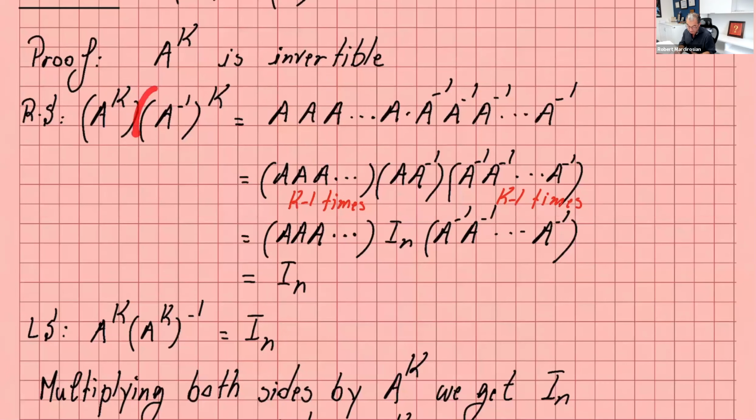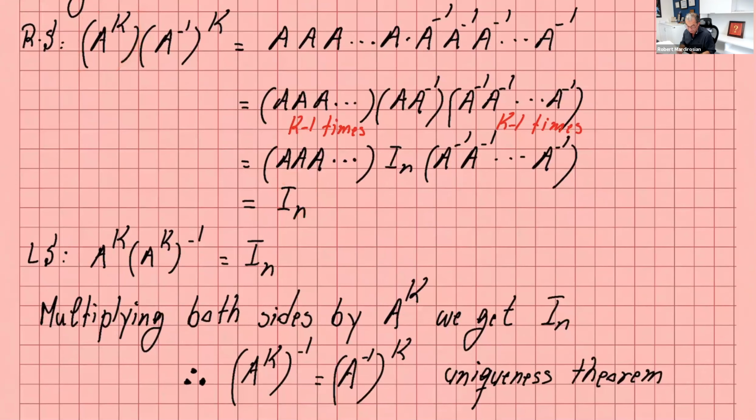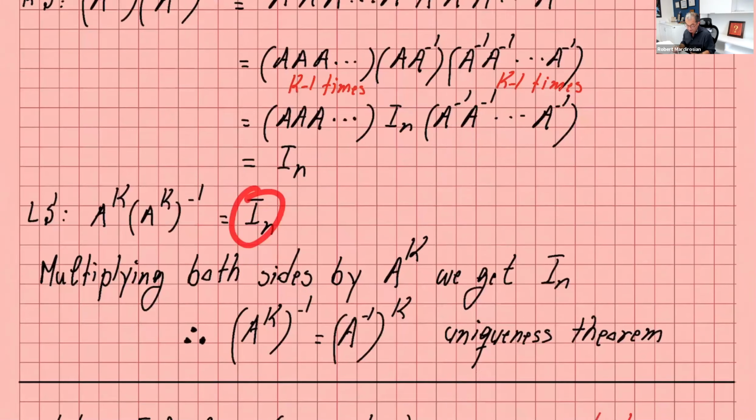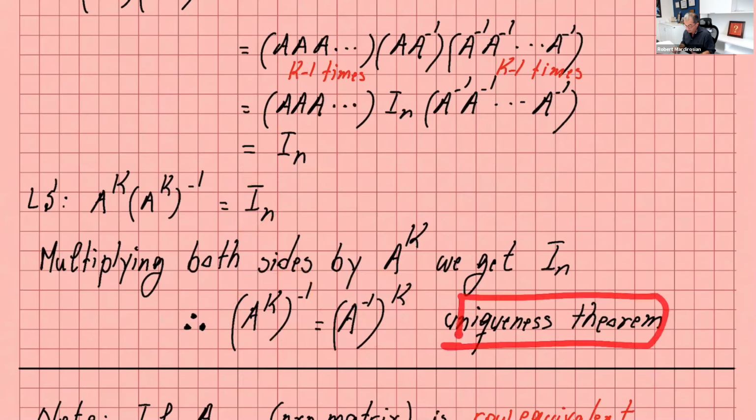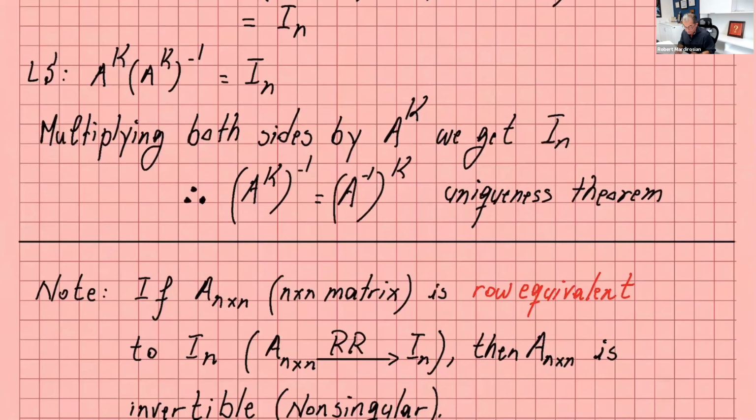We took the right side and multiplied it by Aᵏ and we got Iₙ. And the left side is pretty straightforward. If we take that and multiply it by Aᵏ, we do get Iₙ. Therefore, both sides are equal, again by the uniqueness theorem. And we know what the uniqueness theorem is by now.